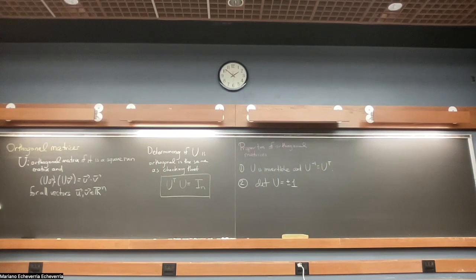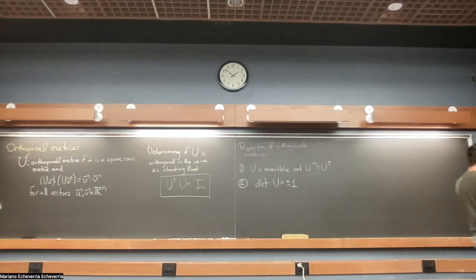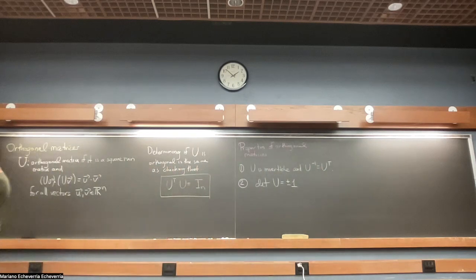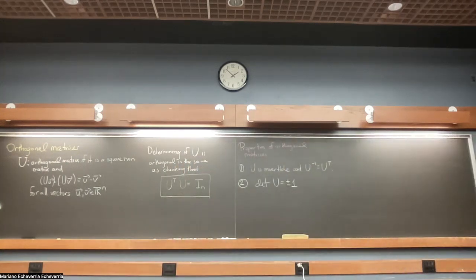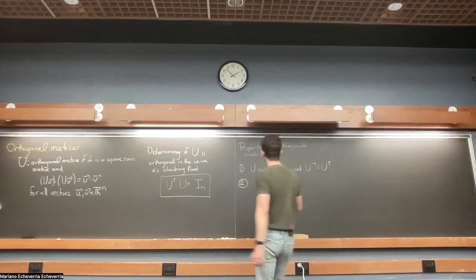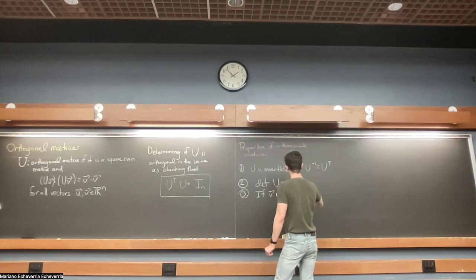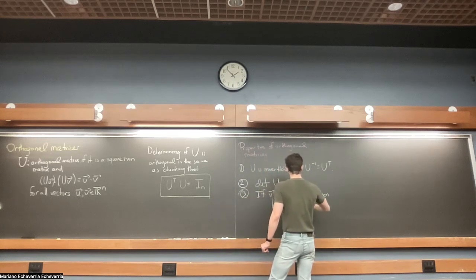The other one is: if v is any vector, then the length of the vector Uv is the length of the vector v.